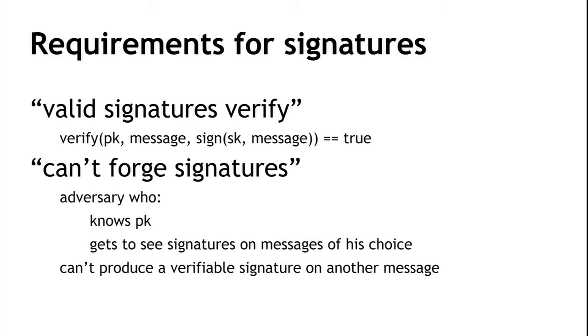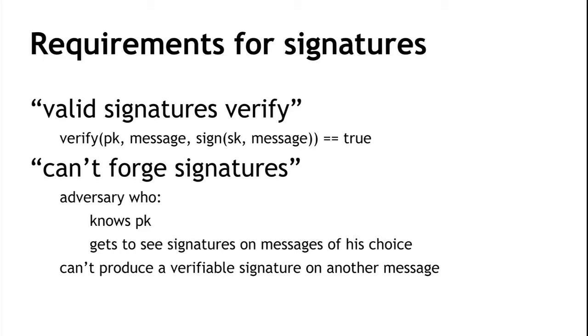This says that signatures are useful at all. But then the second thing you want is that it's impossible to forge signatures. That is, an adversary who knows your public key, your verification key, and gets to see signatures on some other messages, can't forge your signature on some message that he wants to forge it on.